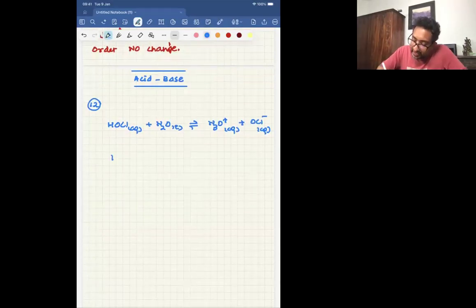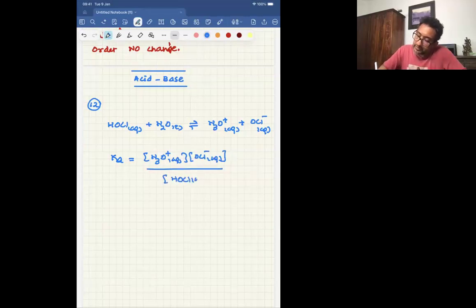So what is this K? K is equal to the H3O plus concentration times the OCl minus concentration, divided by the HOCl concentration. These two are both the same, in a 1-to-1 ratio.